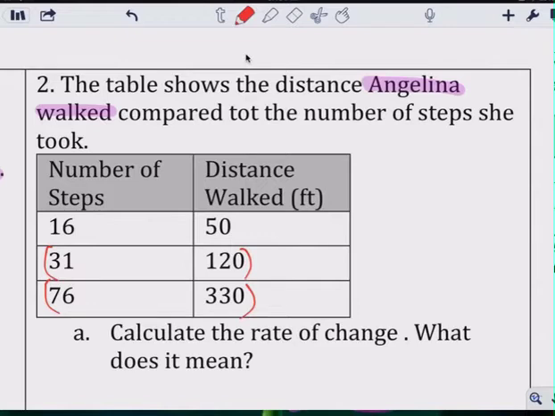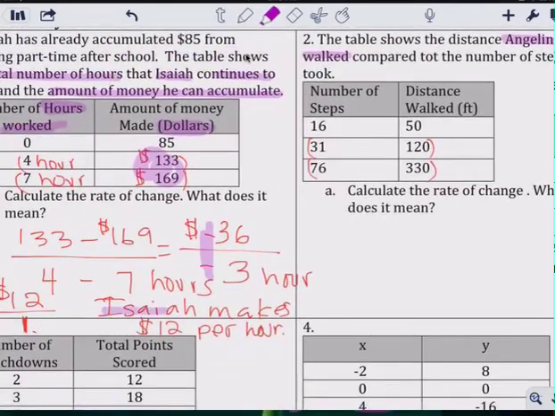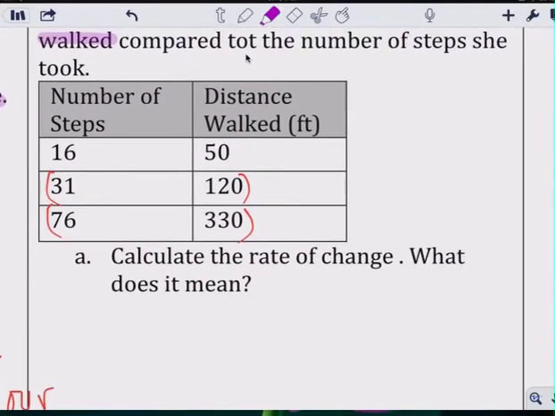Angelina walked compared to the number of steps she took. We explain what it means here. Okay, let's go back. Her steps, we're gonna put the distance first.